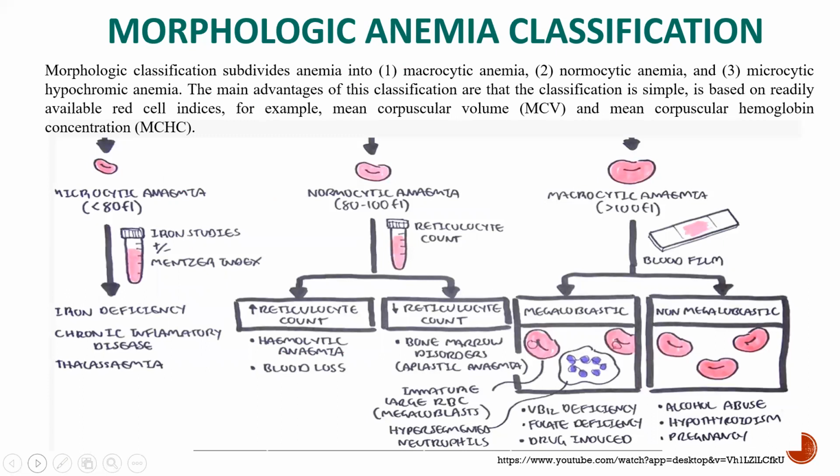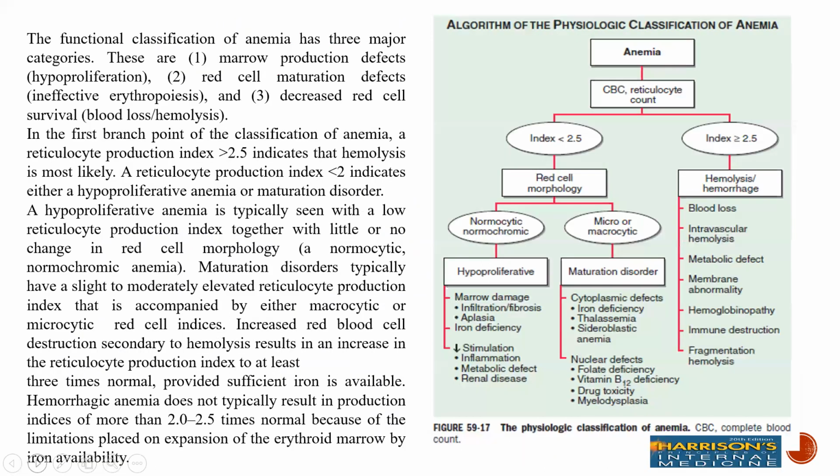Morphological classification divides anemia into macrocytic, normocytic, and microcytic hypochromic anemia. The main advantages of this classification are that it is simple and based on readily available red cell indices, for example, mean corpuscular volume and mean corpuscular hemoglobin concentration.